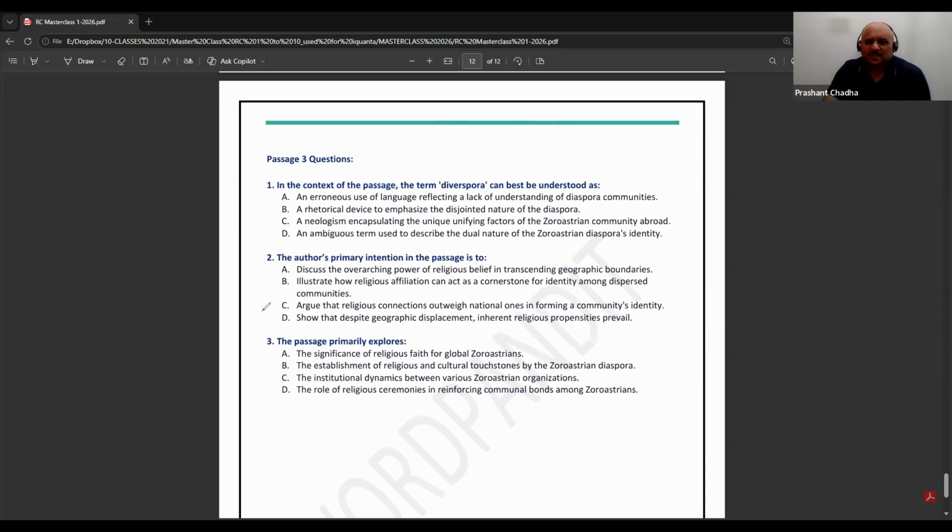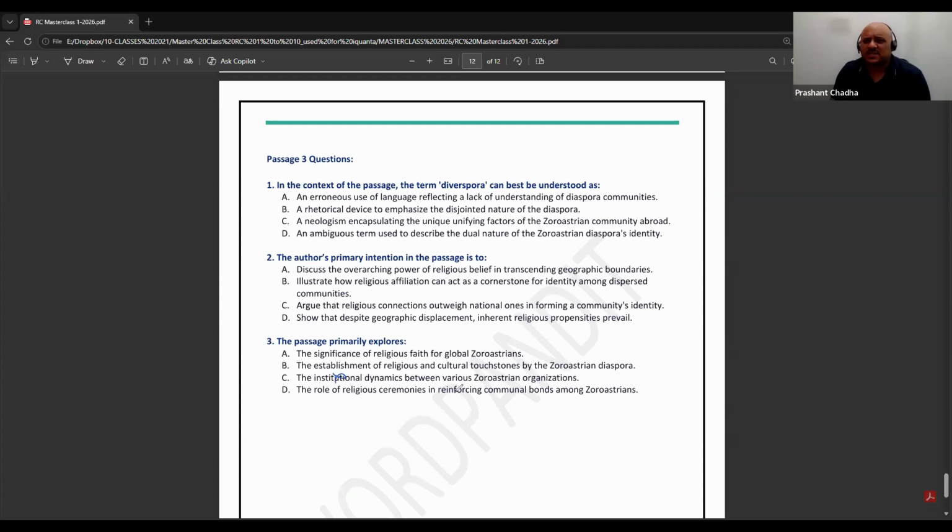Last question, the passage primarily explores. What is the passage exploring? It's exploring the establishment of cultural and religious touchstones by the Zoroastrian diaspora. How are they doing this, right? It has got nothing to do with institutional dynamics between different organizations.